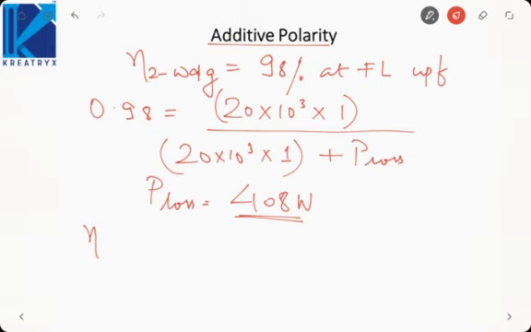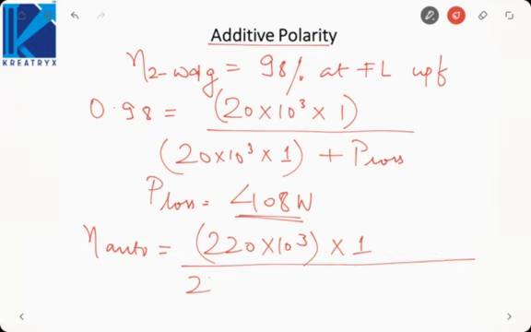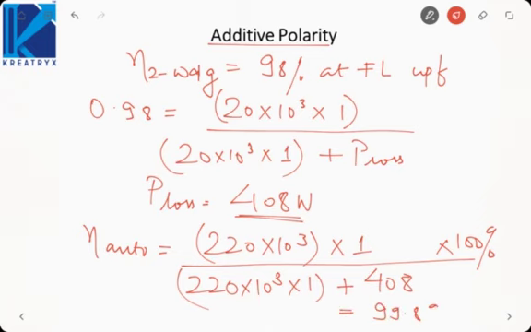So if we calculate eta auto transformer for full load unity power factor, the kVA rating is 220 kVA and I am considering unity power factor. 220 kVA plus 408. Okay, this comes out to be 99.8%.